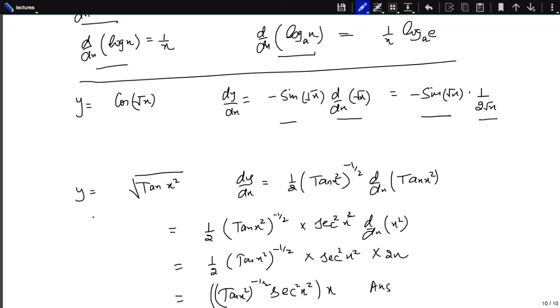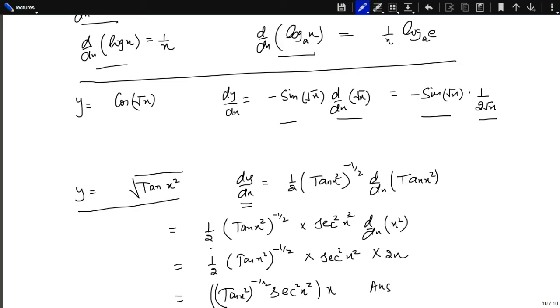If y is equal to square root of tan x square, its derivative is 1 upon 2 into tan x square whole raised to power 1 by 2 minus 1, that is minus 1 by 2, into derivative of the function tan x square.